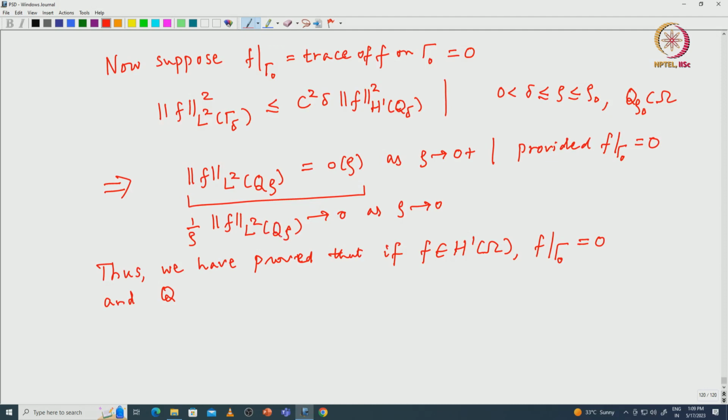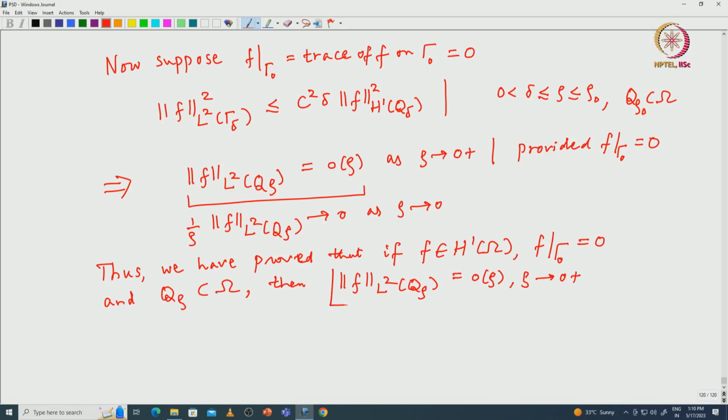So, q rho is the region between those two parallel surfaces, small pieces. Okay. Q rho is contained in omega, then this f L2 q rho is little o of rho.